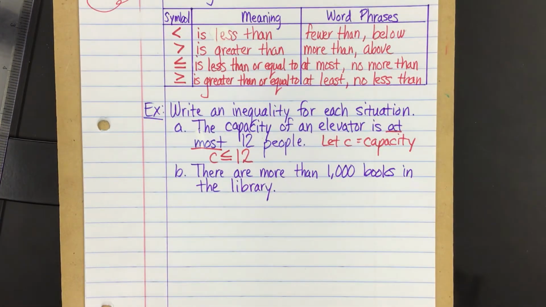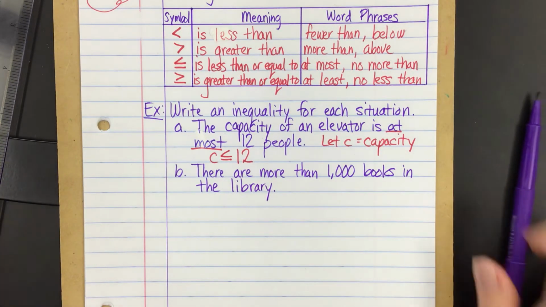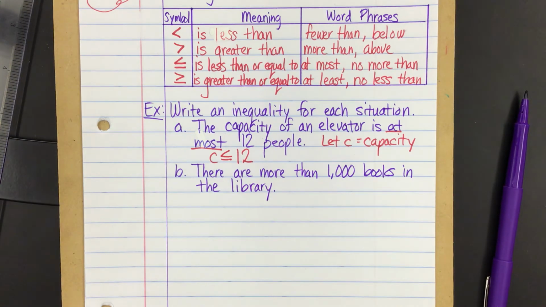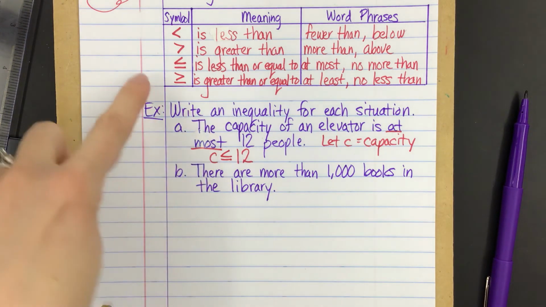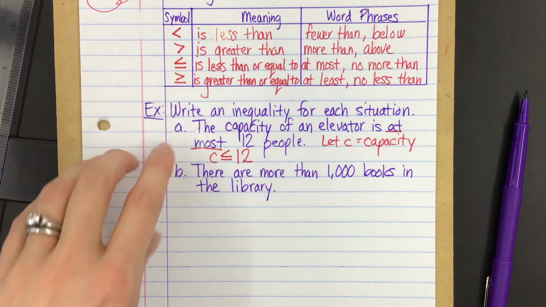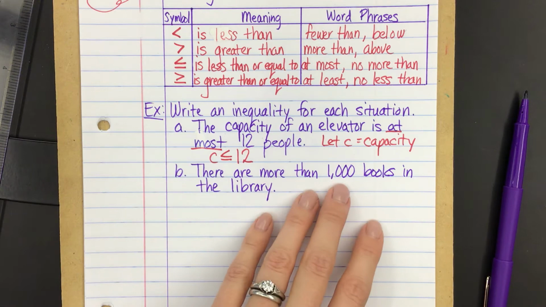Okay. Now, can there be 1,000 books in the library? It says there are more than 1,000. So I would actually say no, because it clearly says that it's going to be more than 1,000. So we wouldn't have 1,000 books in there. So we're not going to use one of these symbols that's equal to, because we need it to be more than 1,000.